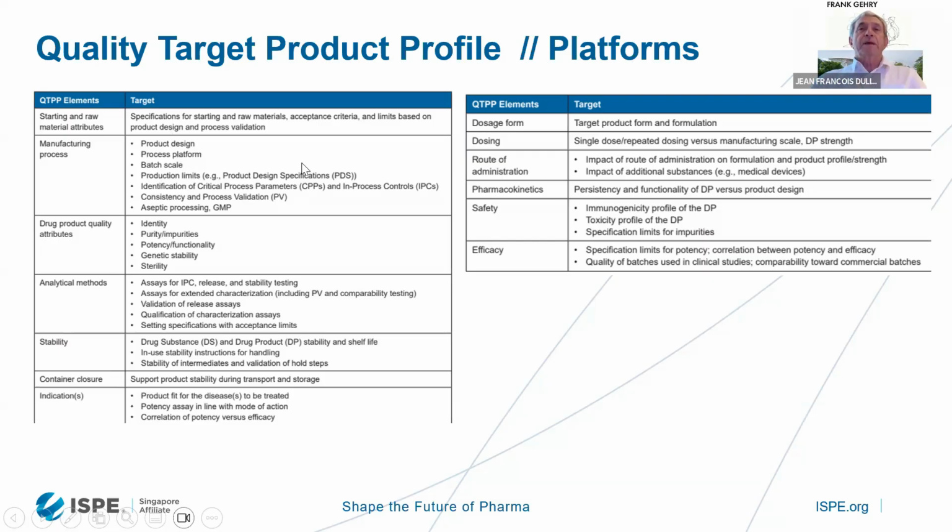Companies are developing process platforms for some products, and with this platform, they are developing new ATMPs or new cell and gene therapy products. The process platform can be validated, and respecting and using this process platform in the right way will give us a better assurance of the product.